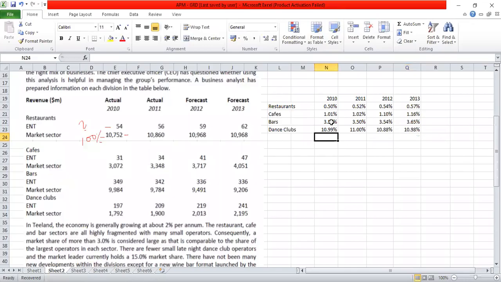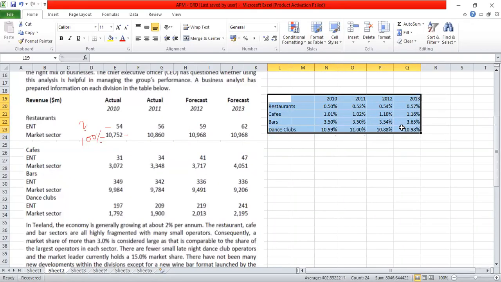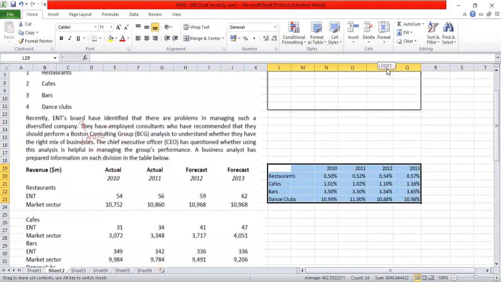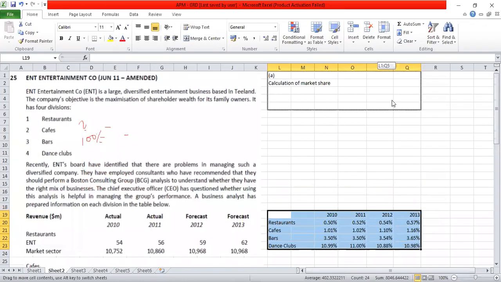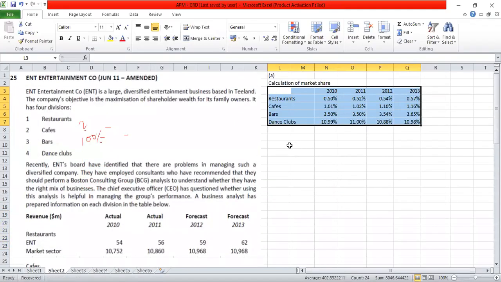This is just the market share. What we have done is only about the market share. Then this has to be compared with the market leaders. Then only it would be a relative market share. So after we calculate the market share, we will have to calculate the relative market share.